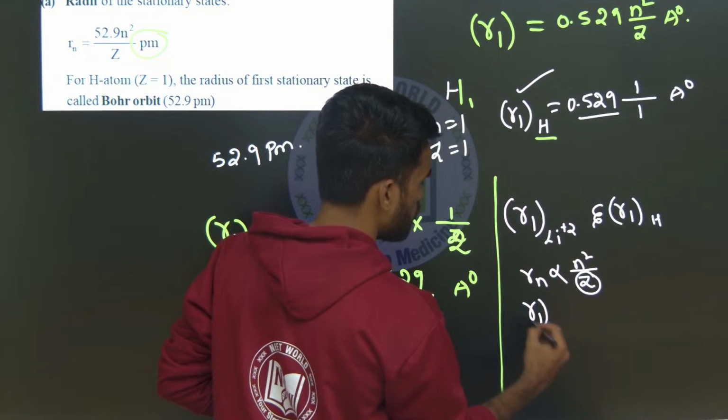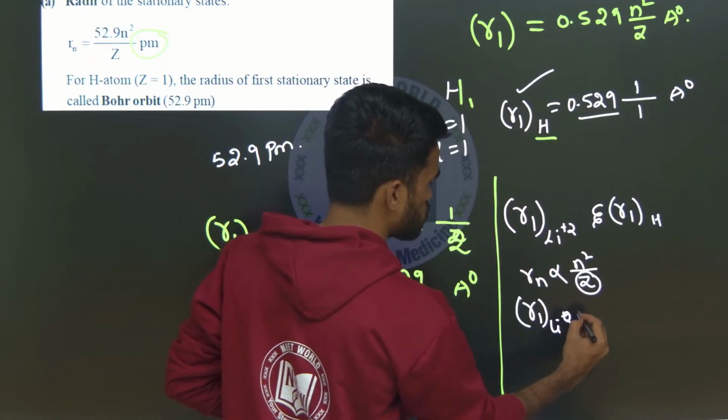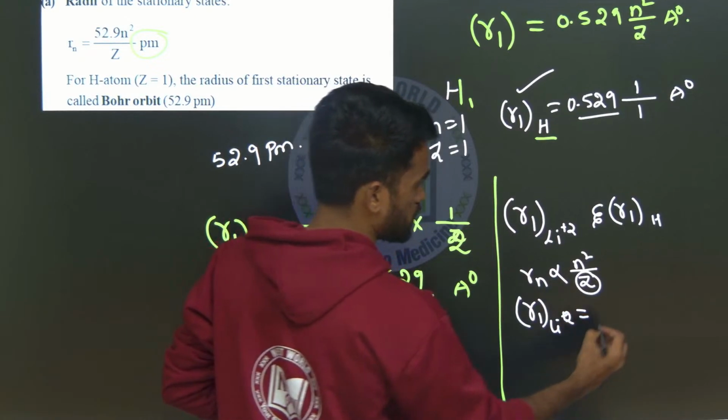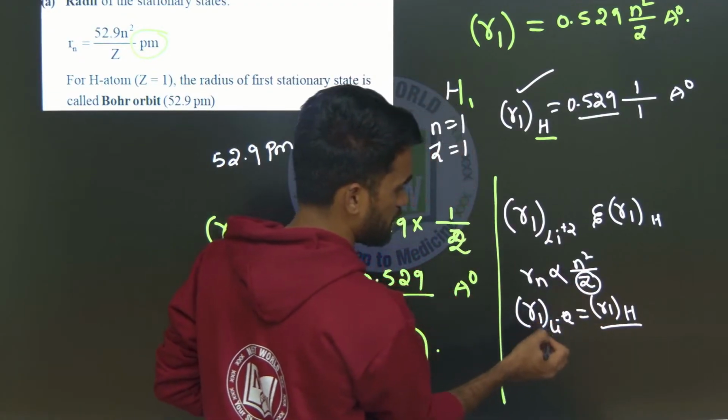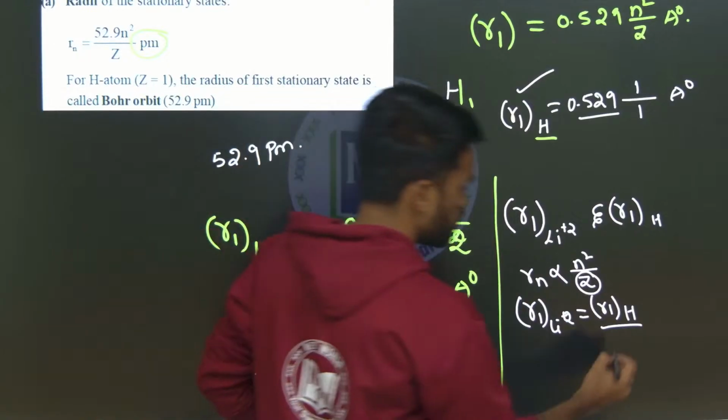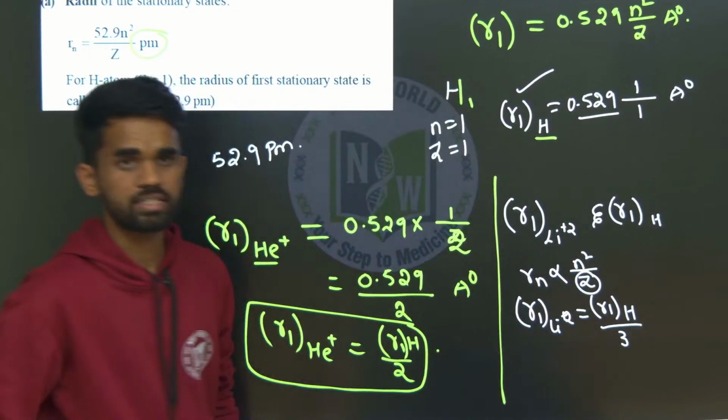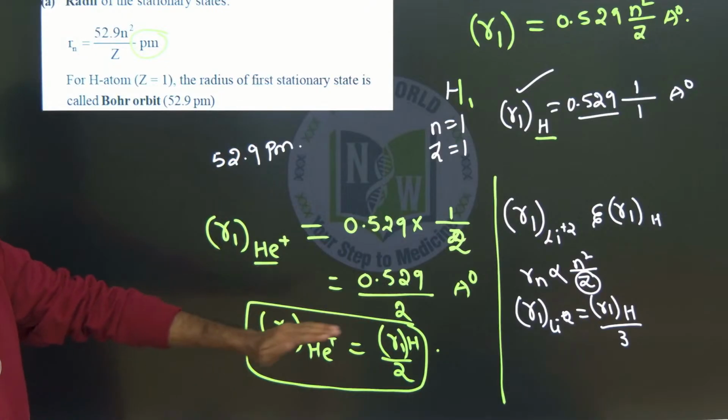So R1 of Li plus 2 equals R1 of hydrogen atom divided by Z, which is 3 for lithium. That's it. Hope this is clear.